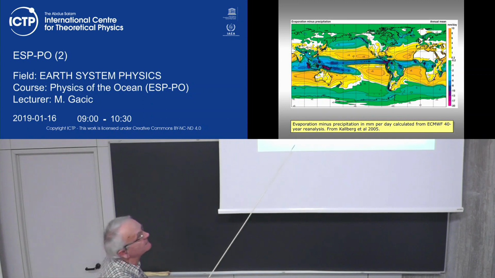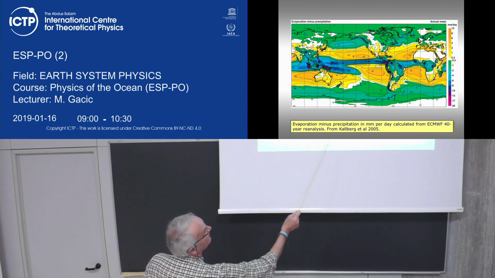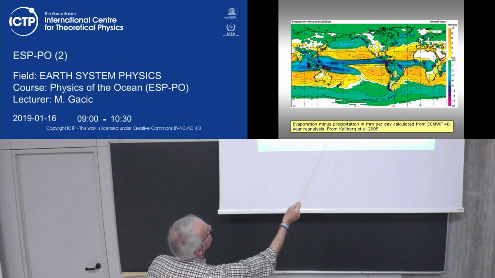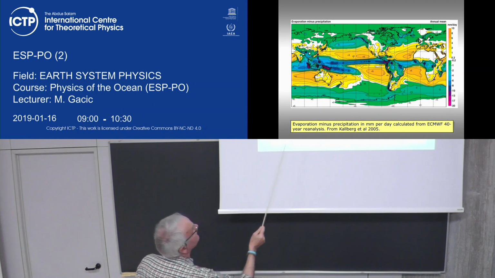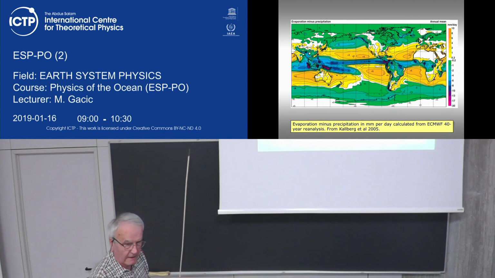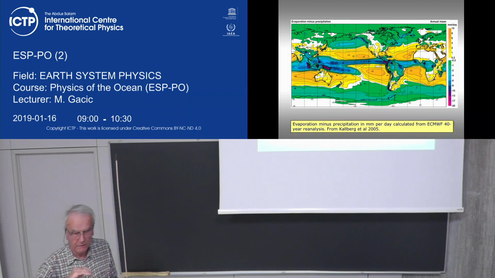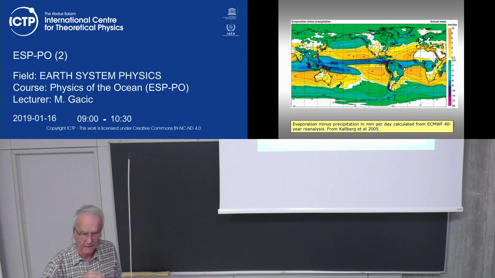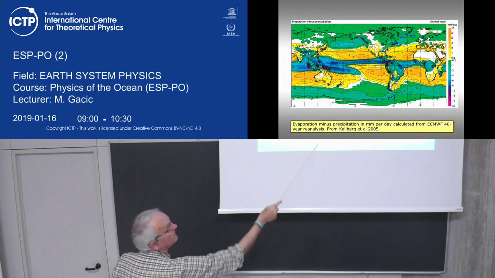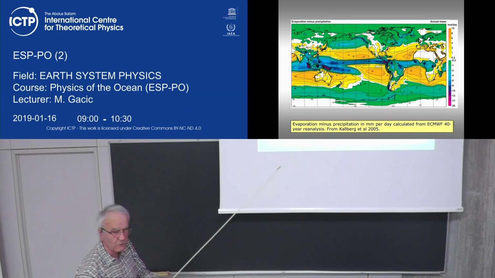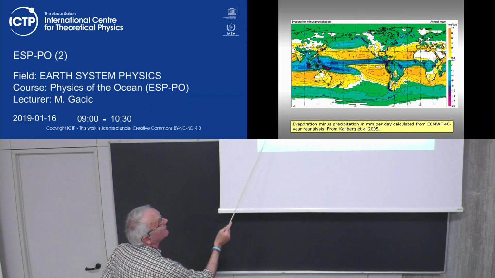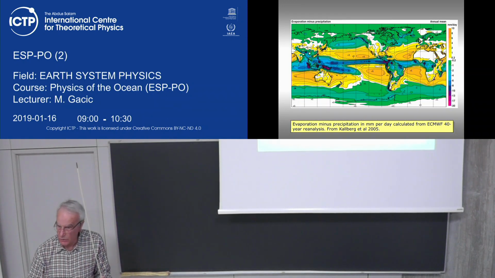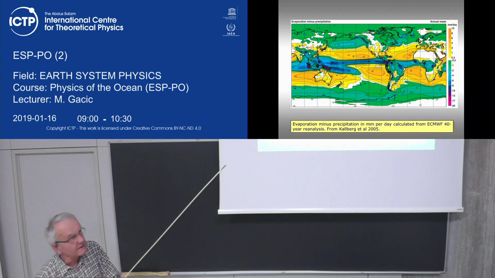I would guess that in both areas, this is the North American continent and this is the Asian continent, you have what we call the western boundary current. So this is the Gulf Stream and the Kuroshio. These two currents are bringing warm water from the south, but at the same time this water is probably saltier than the water which is present there.